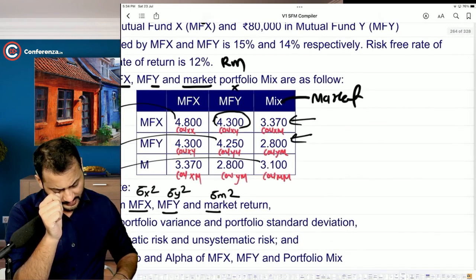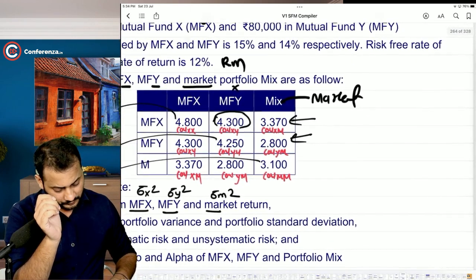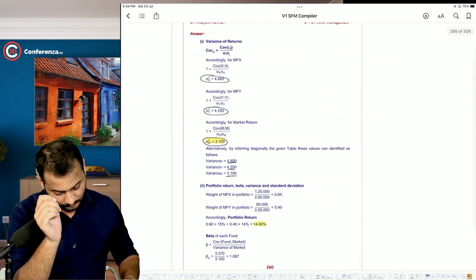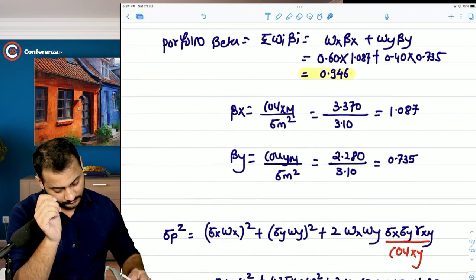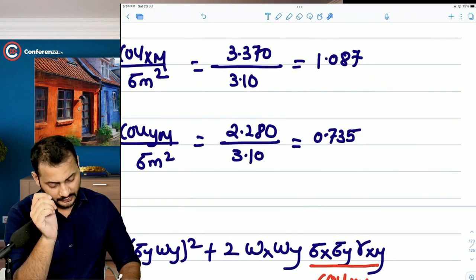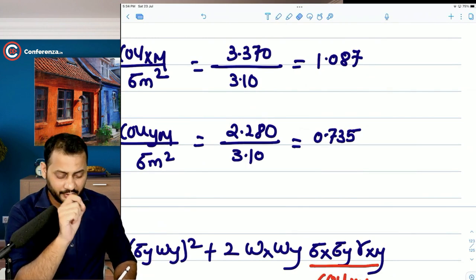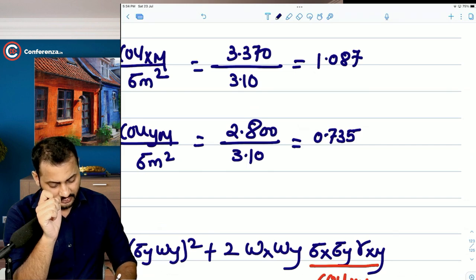Yeah, it's Ym, covariance of Ym 2.8. Okay. That's a mistake from my side. A small mistake. It should not be 2.280. It was 2.8 only. So that made all the difference.